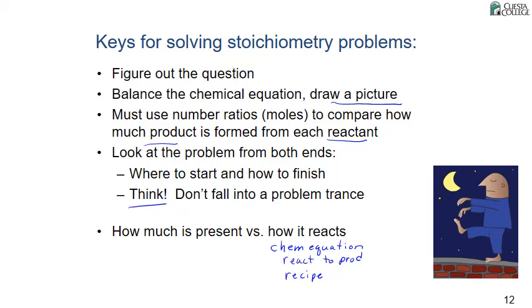In the recipe for chocolate chip cookies, you know it's always 3 cups of flour to 2 eggs. Now you rarely in your kitchen at home have exactly 3 cups of flour and 2 eggs. You might have 10 cups of flour, or you might have a dozen eggs. That is the how much is present. That's the starting amount.